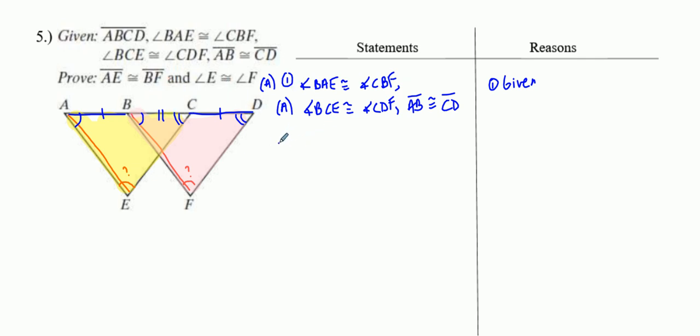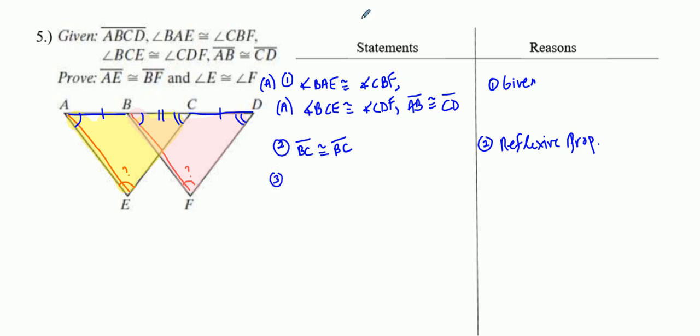So this is going to be an example that uses the addition process, which remember is 3 steps. And in order to use addition, I first need to show that segment BC is congruent to itself, because this is what we're going to add to the segments that we're given are congruent. So in this one, we'll start off with the reflexive property with that segment we need to add to both AB and CD.